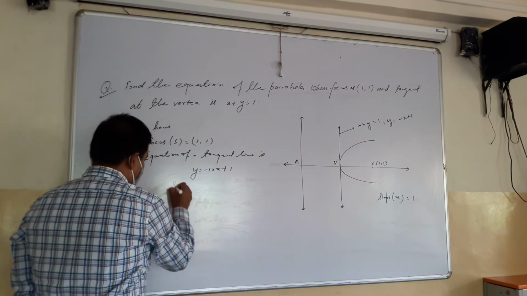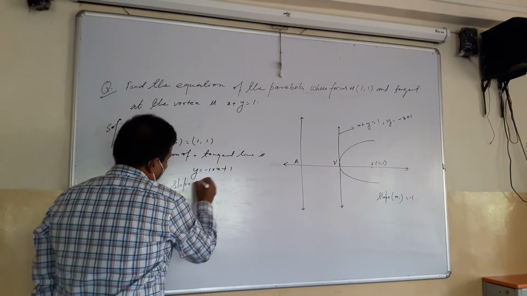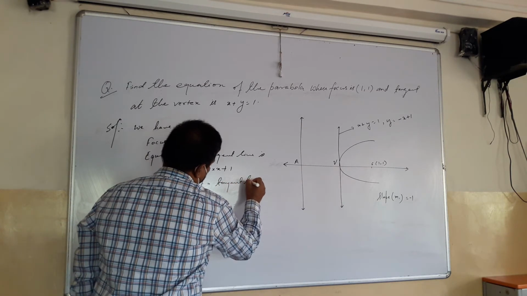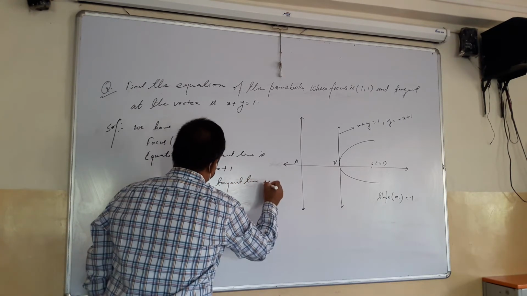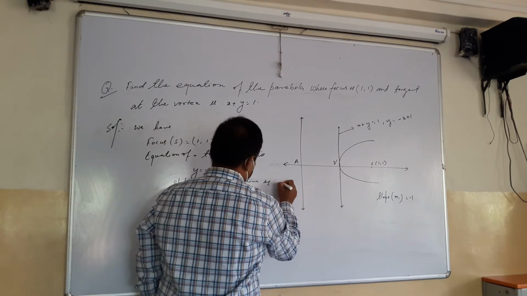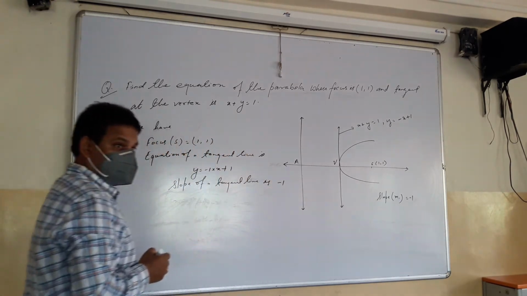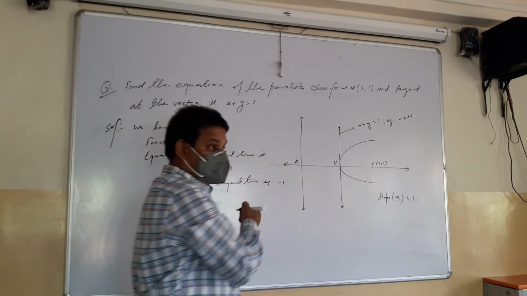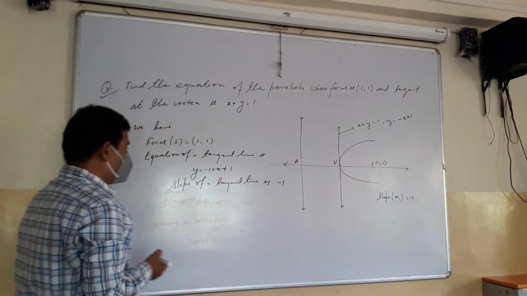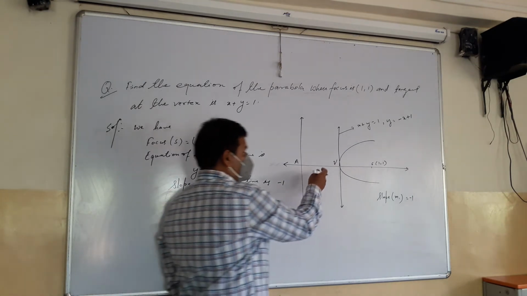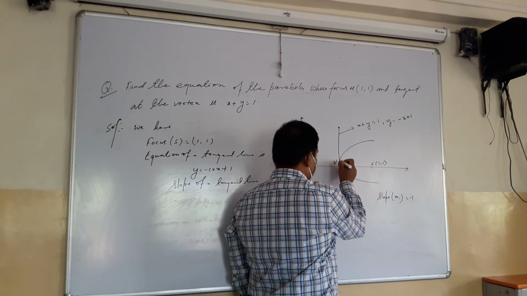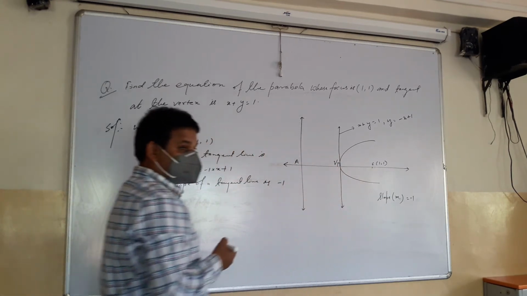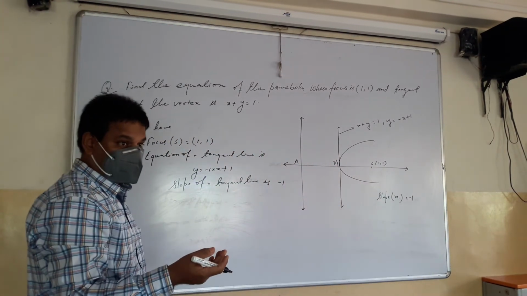The slope of the tangent line is minus 1. Clear? This is the axis. What is the slope of the axis? It will be the negative reciprocal, because this is perpendicular.